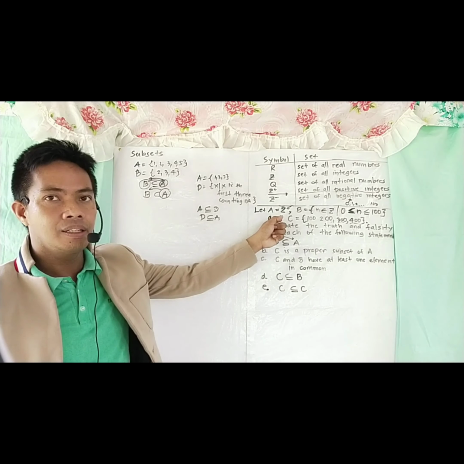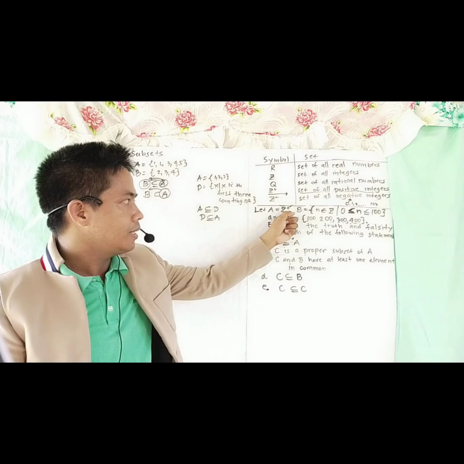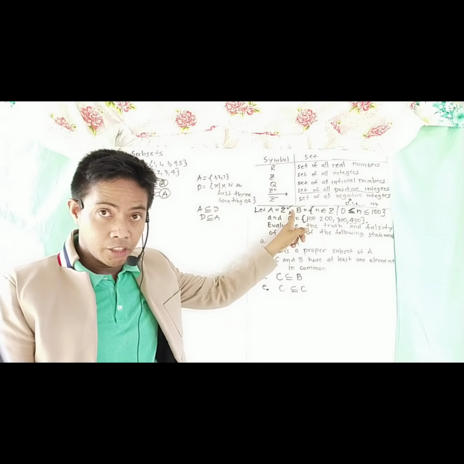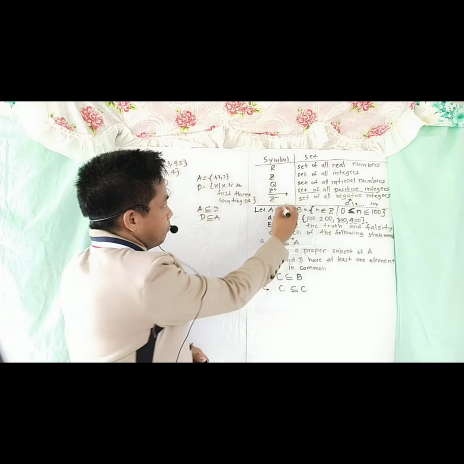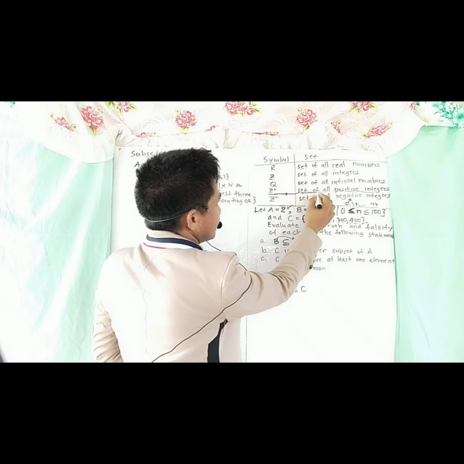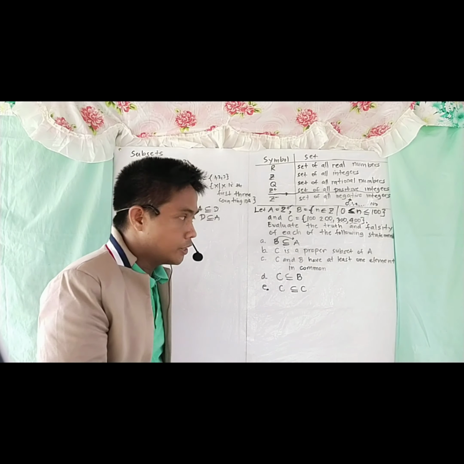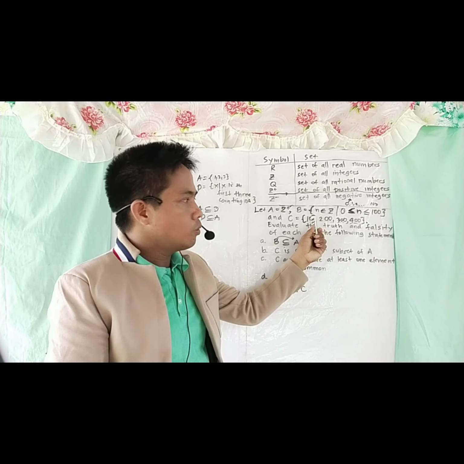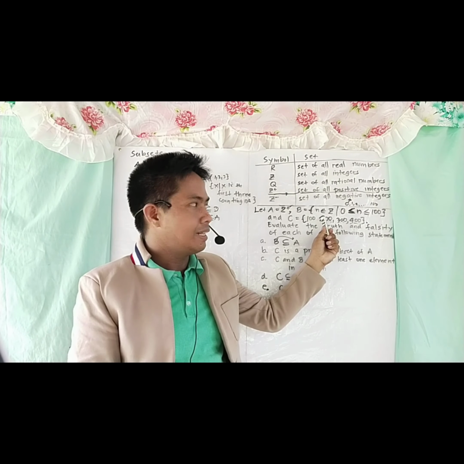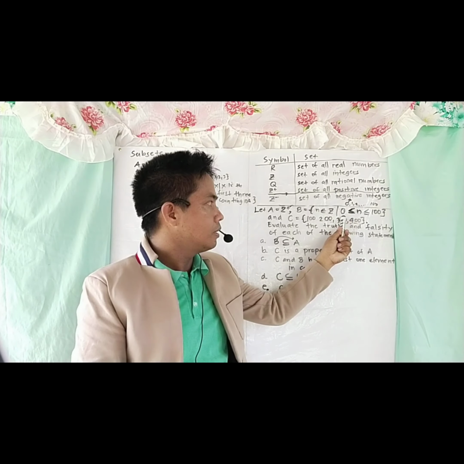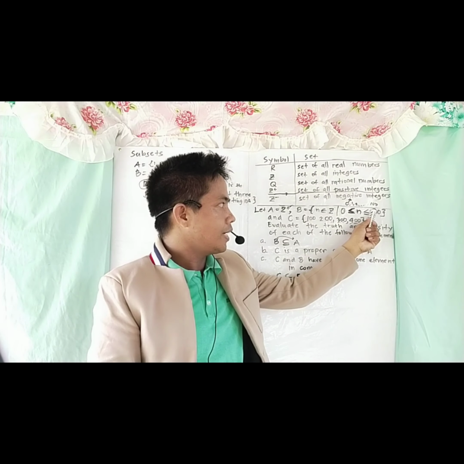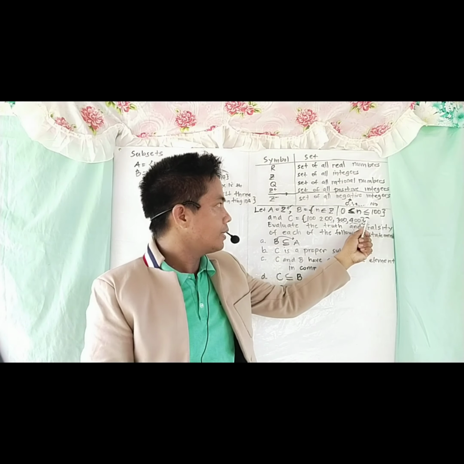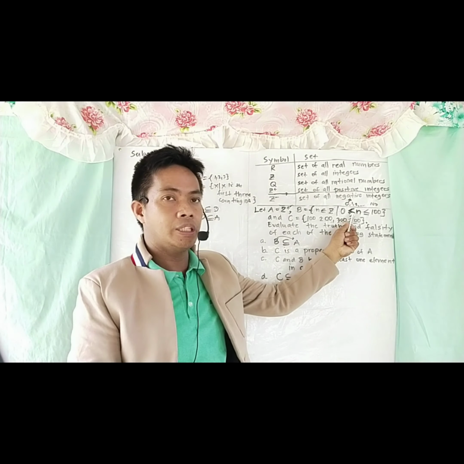Let set A be the positive integers, Z with the plus exponent, pertaining to the set of all positive integers. We have set B, the set of all elements n that is an element of Z such that n is less than or equal to 100 but more than or equal to 0.